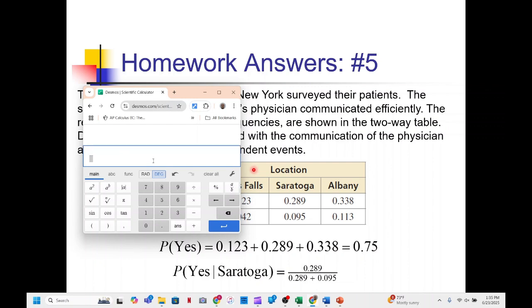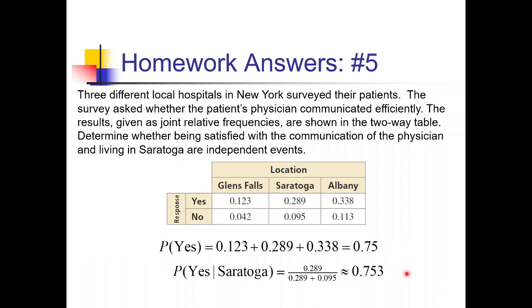So let me open a fraction, 0.289, and divide that by 0.289 plus 0.095, grand total of 0.753, which is pretty close to what we got for just the probability of yes. So I think that's close enough to conclude that these are independent of each other.